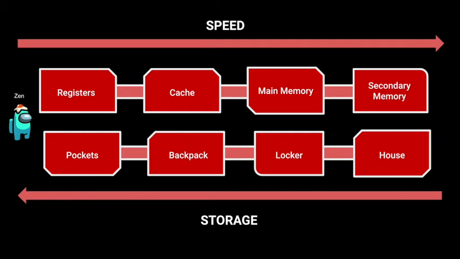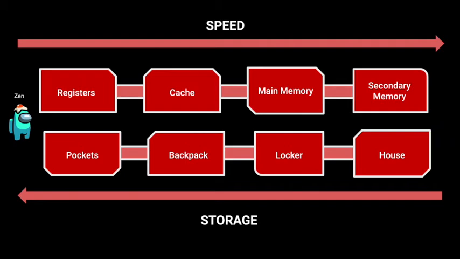Think of registers as your pockets, and you are the CPU, the processor. You can easily access your pockets, right? But the problem with your pockets is the storage is really small.